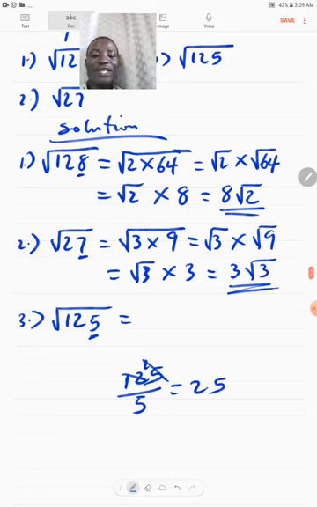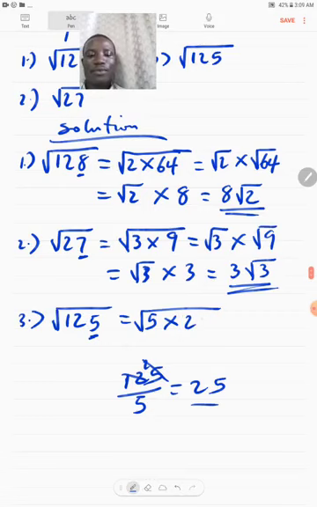25 is a perfect square, so I have a good match for this. So I can separate this to 5 times 25. Okay, so I will use the principle of multiplication of surd to separate it to root 5 times root 25.